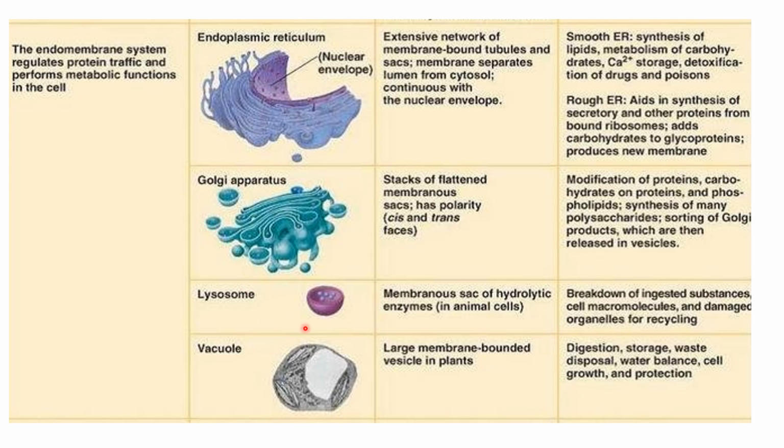Coming to the lysosome, lysosomes are called suicidal bags. They are membranous sacs of hydrolytic enzymes in animal cells. They are suicidal bags because they degrade damaged organelles and remove ingested substances, breaking down ingested substances, macromolecules and damaged organelles for recycling.